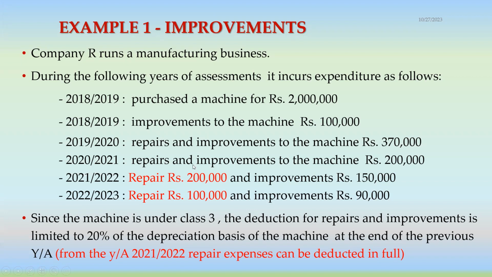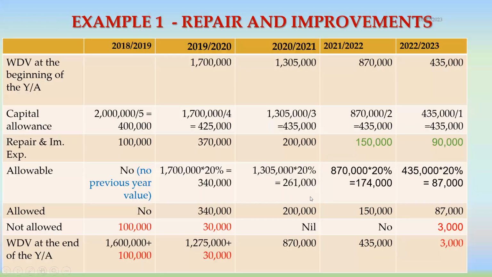For the repair expenditure, the total amount can be allowed irrespective of whether it is of capital nature or revenue nature. But for the improvement part, we have to restrict this 150 amount using the previous formula.